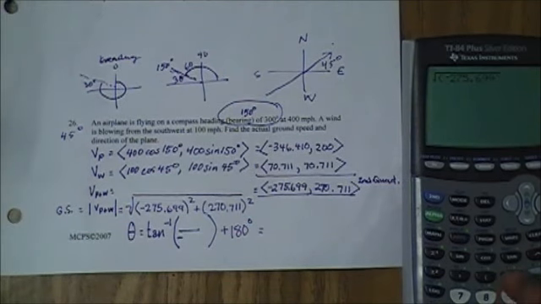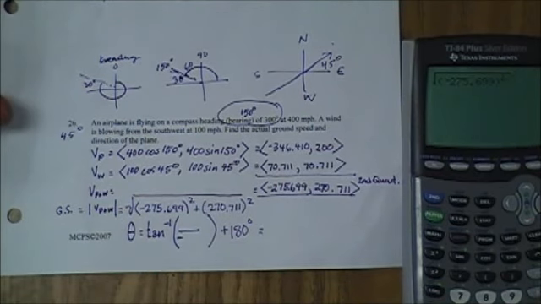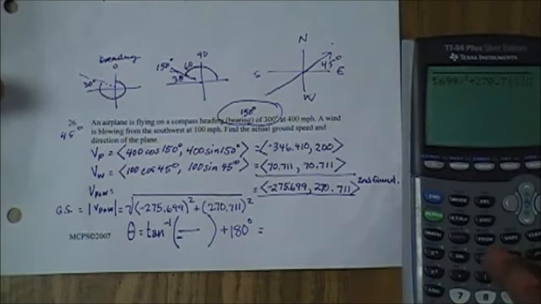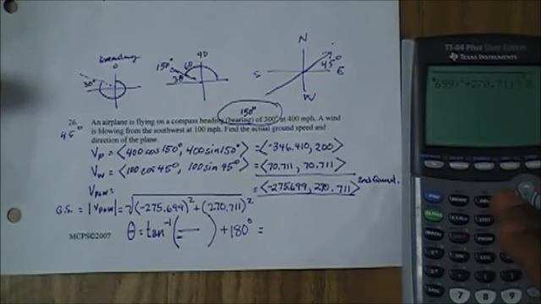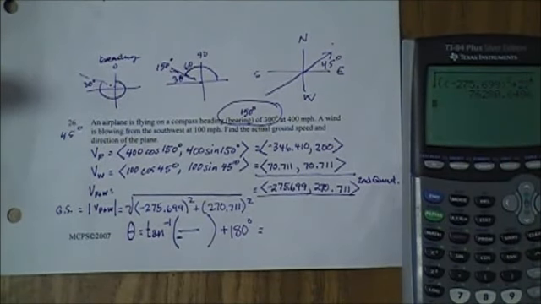The negative isn't necessary once you're doing the magnitude because it's going to be squared anyway. Let me make sure everything's all right. Looks good. Hit enter.